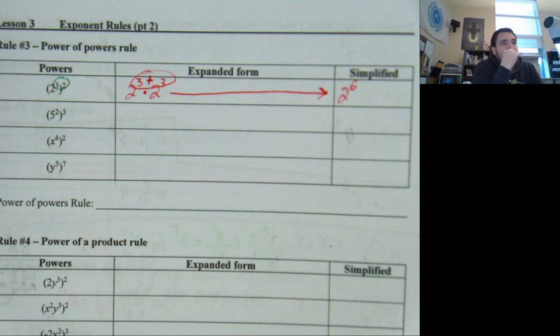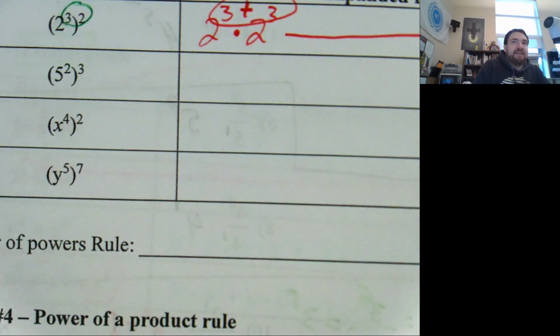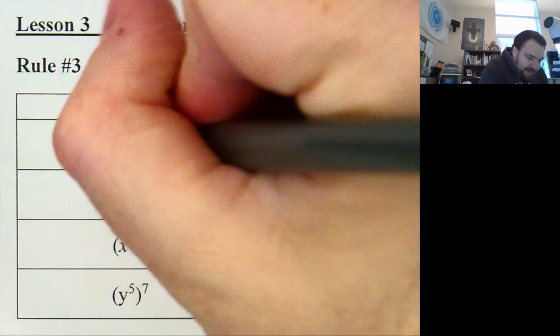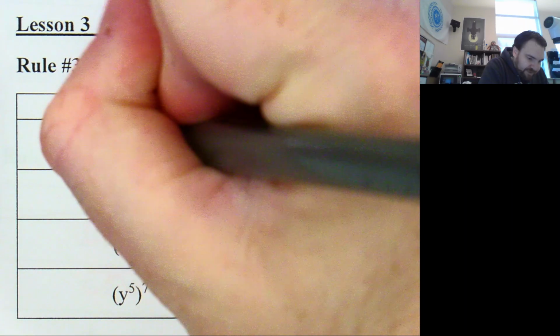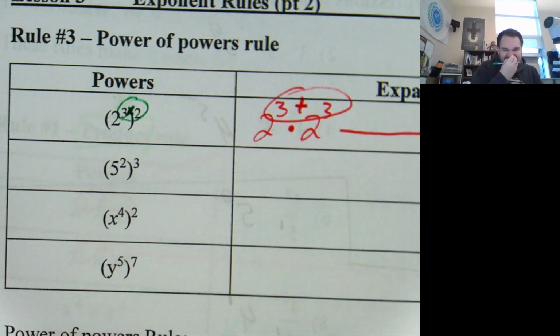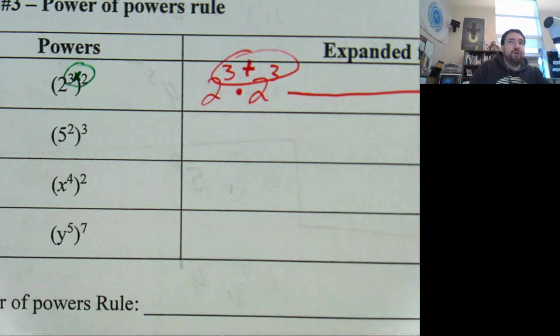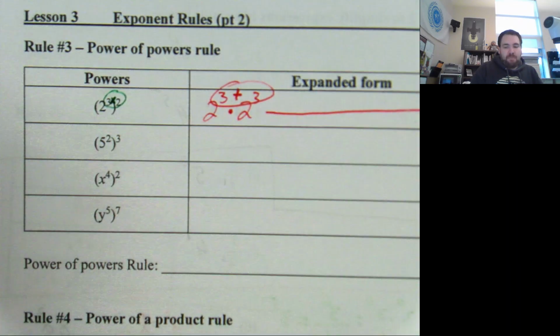Times 3 twice to get to 6. Times 3 by 2 or times 3 by 3? Times 3 by 2. Sweet. So what I could do is take a look at these exponents and multiply them together. That's interesting. Let's see if the pattern continues. I've got 5 squared cubed. What does it mean to cube something?